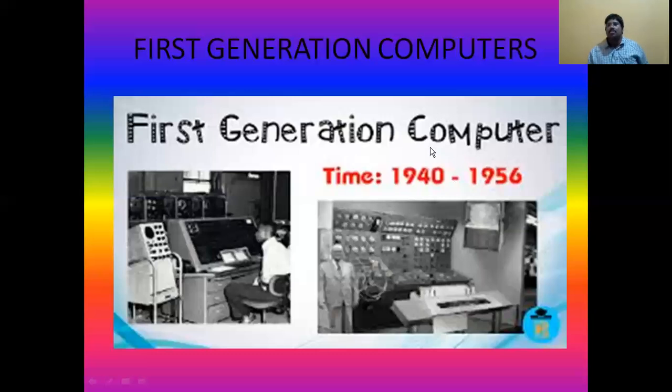The first generation computers existed from 1940 to 1956. This is an array where we developed the computers using vacuum tubes. If you observe the size of this particular computer, this is the screen, the monitor, and you can see a person sitting and looking at the screen.